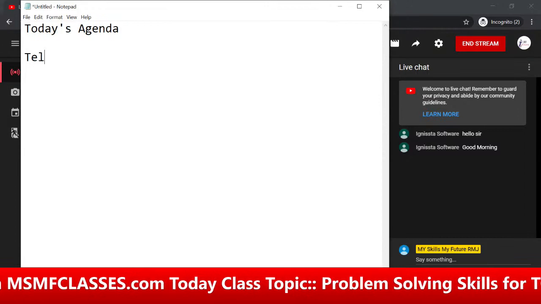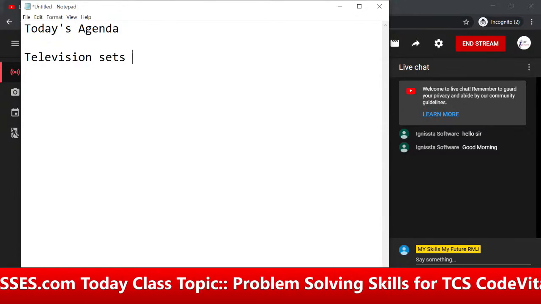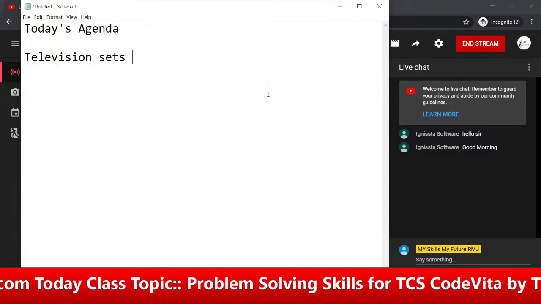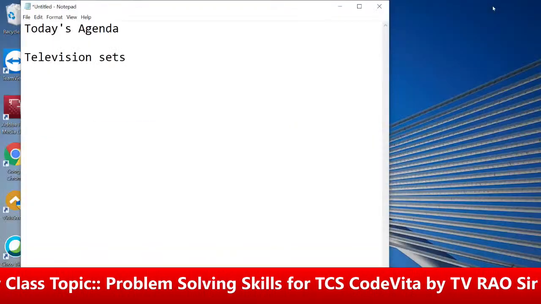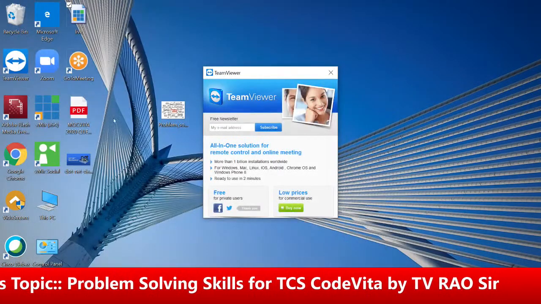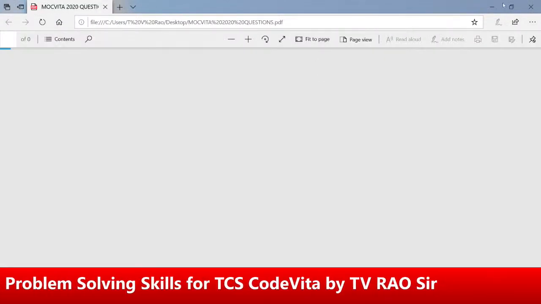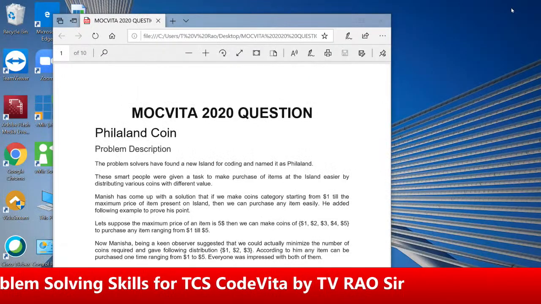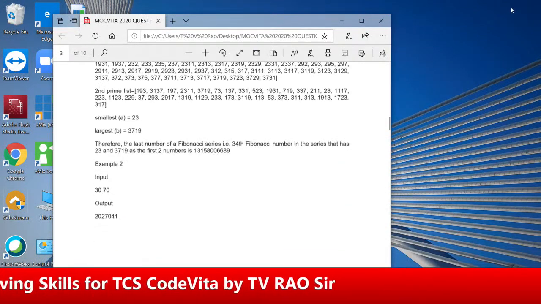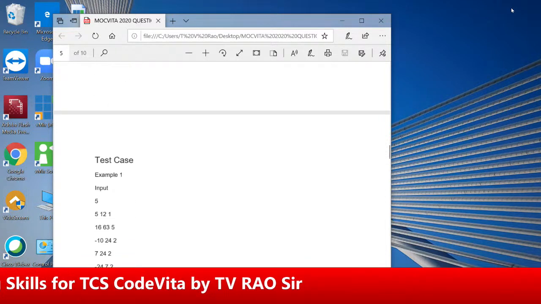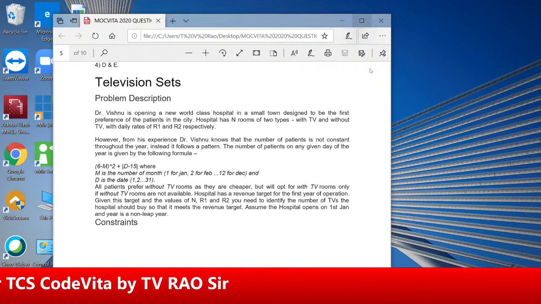One is television sets. This is done yesterday. We also did prime Fibonacci on Saturday. Now we are going to solve television sets problem.